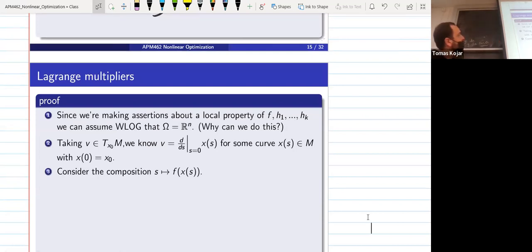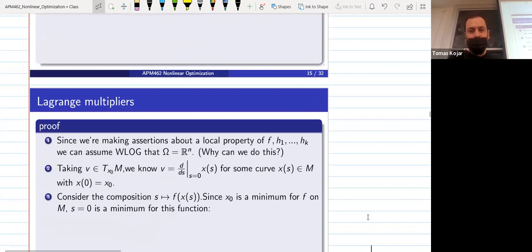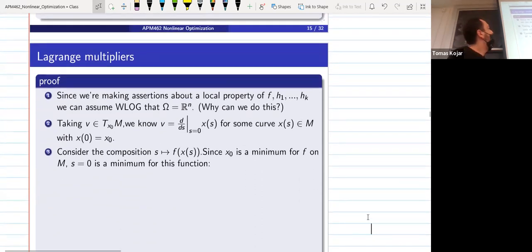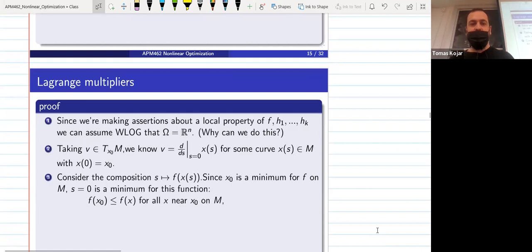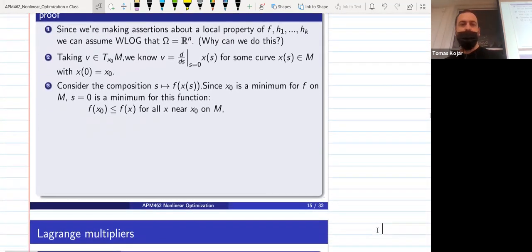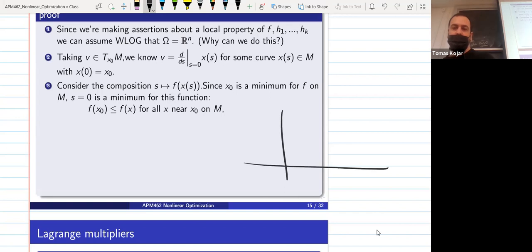This function over here is differentiable. And we know that x naught is a minimizer, so f of x of s is bigger than f of x naught. Right, so again, how shall I draw this? Let me do 1D.